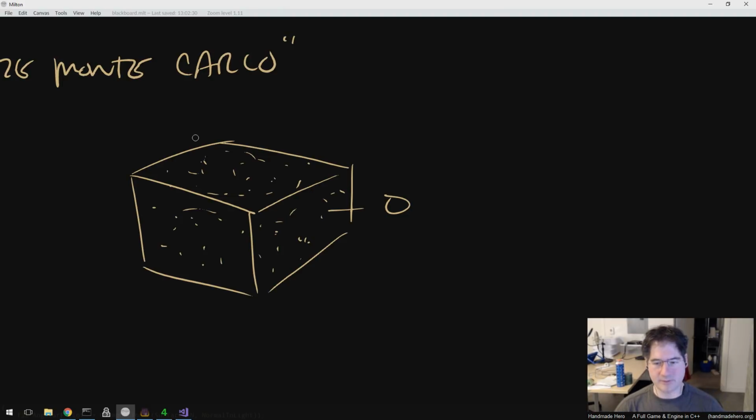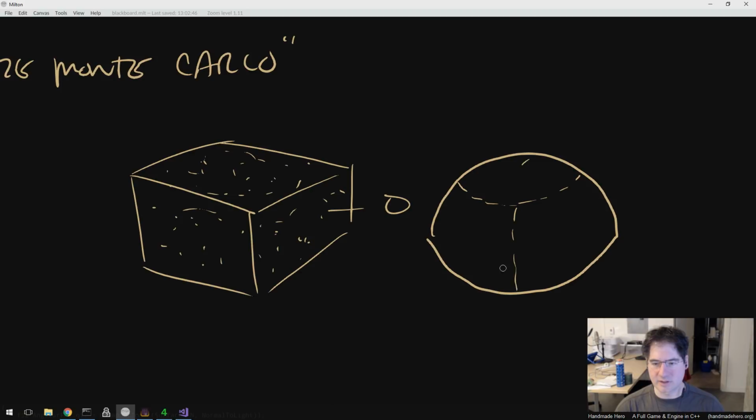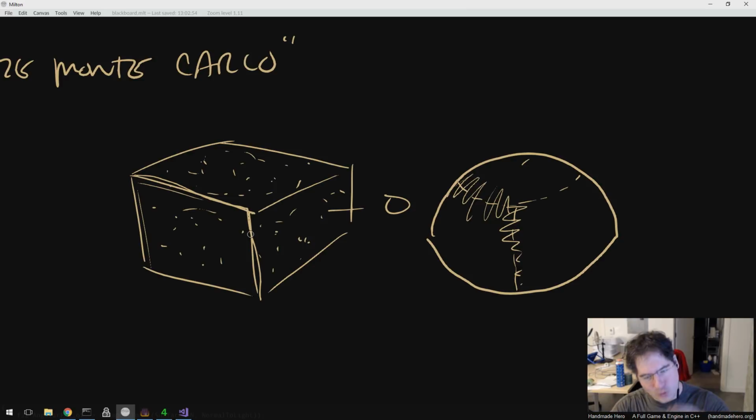When you shrink wrap that cube onto a dome, you're going to get a higher concentration of points as you approach these lines, because they used to have more surface area and now they're being folded down onto that sphere.